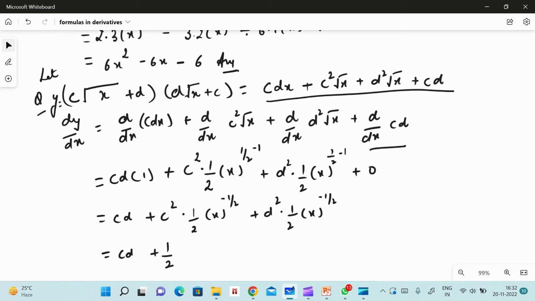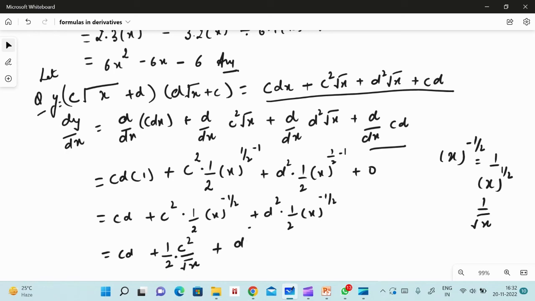So like this, 1 by 2 c square divided by root x. Now, why root x? Because you can see here it is minus 1 by 2. And if it is given x power minus 1 by 2, if I do the reciprocal, I will get x power 1 by 2, and x power 1 by 2 is equal to root x. So I will write here c square root x.